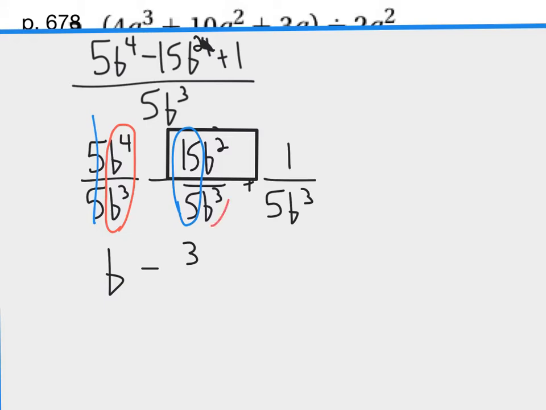And then with the variables, we have one more factor of b in the denominator. So we can cancel out 2 factors of b. That'll leave us 1 factor of b in the denominator. And we're going to write it that way. We're not going to put negative exponents. So just put it as minus 3 over b for that part.